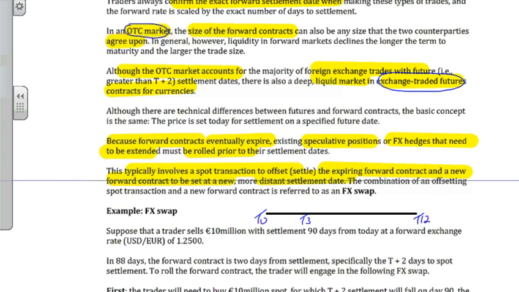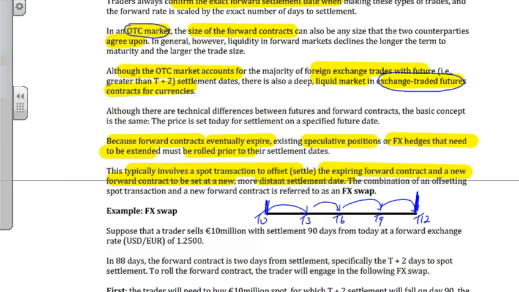So what would you do? You buy a 3-month contract here, enter into it over there, time period 0. It goes 3 months and then it expires. Then what do you have to do? Enter into another one for time period 6. That one will then expire. Enter into another one for time period 9, and it'll expire at time period 12, which is when you really need it.